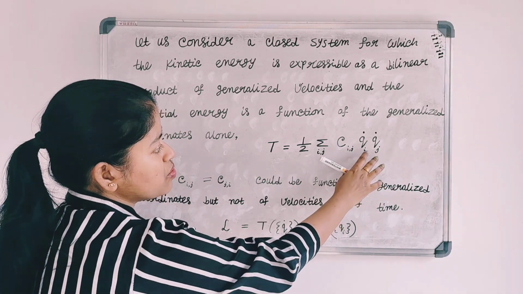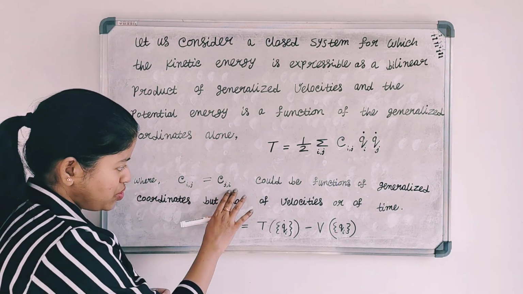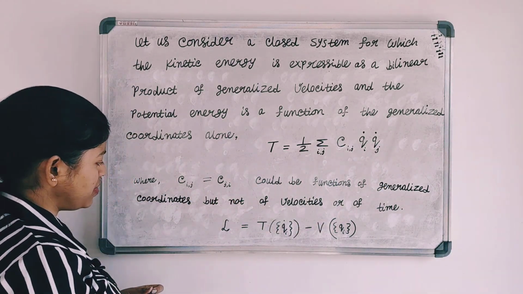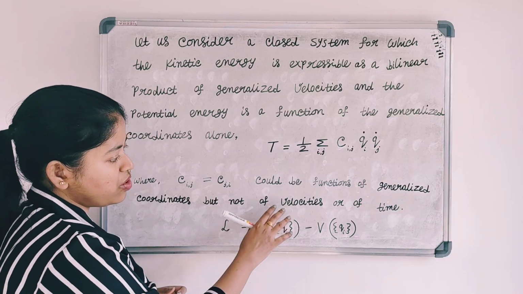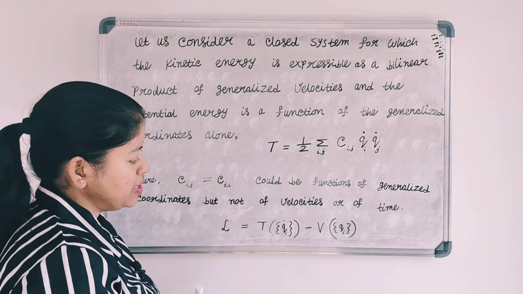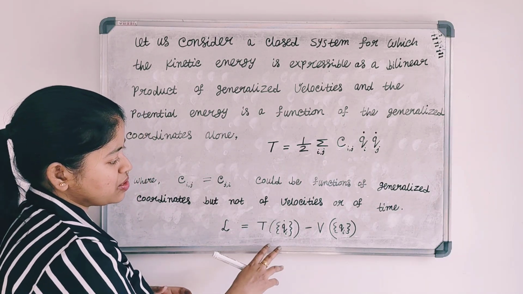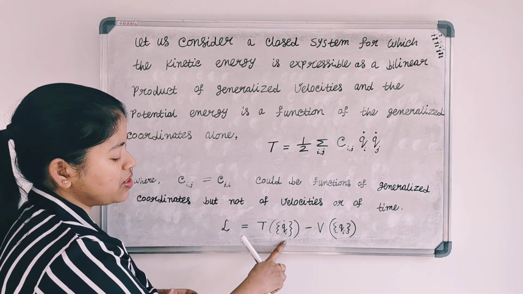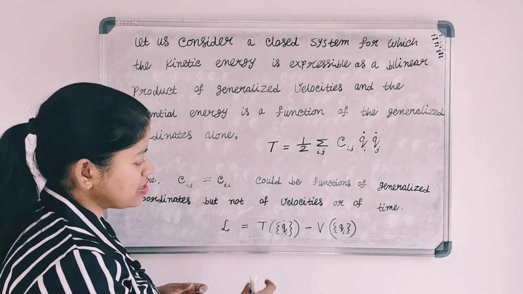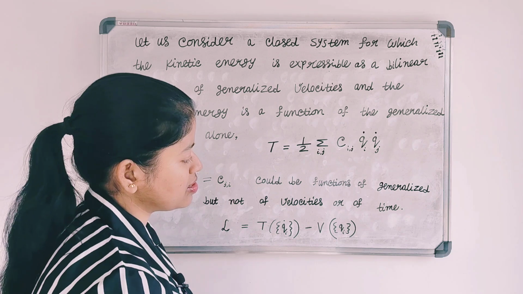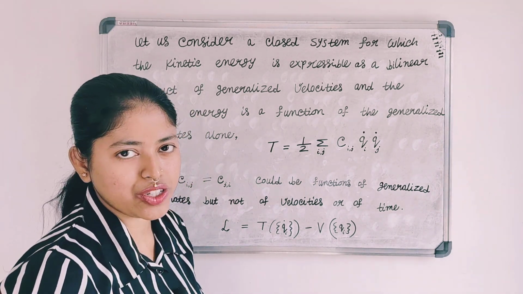Here Cij equals Cji and could be functions of generalized coordinates but not of velocities or of time. So the Lagrangian L equals T minus V, where T is a function of generalized velocities qi dot and V is the potential energy, which is a function of generalized coordinates qi.